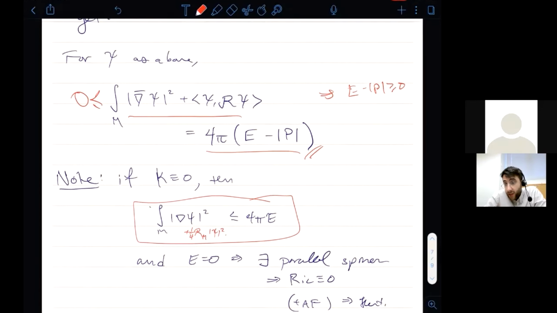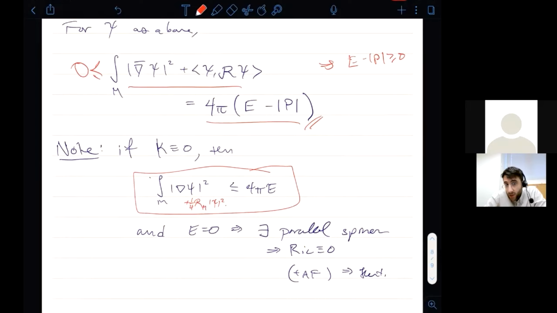And you can see if the energy vanishes, well, then you're scalar flat, first of all, because this business has to vanish. And you have a parallel spinor. Nabla bar of the spinor has to vanish. And so we have special holonomy. I mean, that is very restrictive for the curvature of a manifold if it has a parallel spinor.